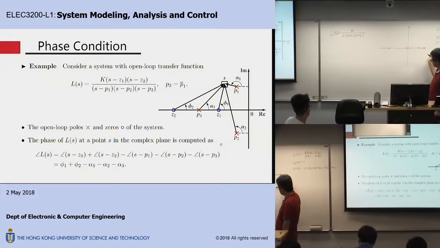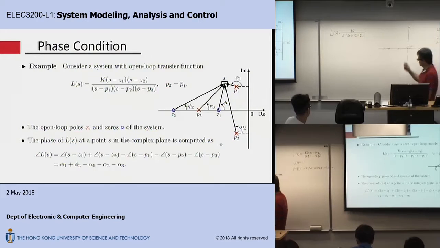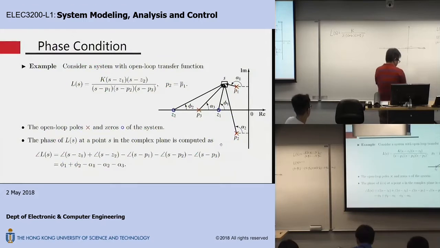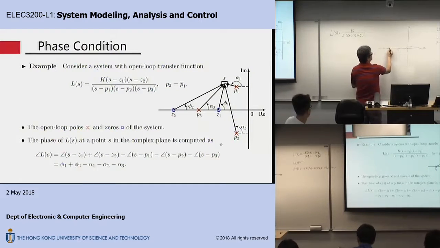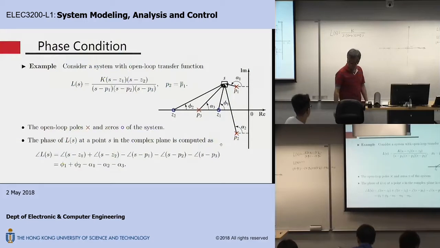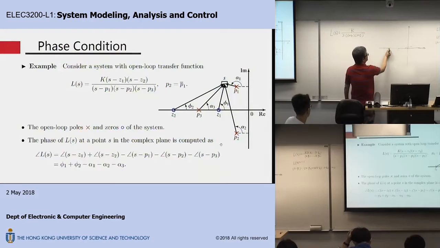What about three poles? Then you get 180 degrees again. So from this argument, everything in this part is in the root locus. Here, no, that's not.